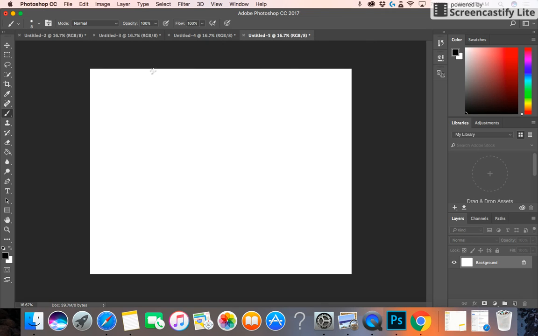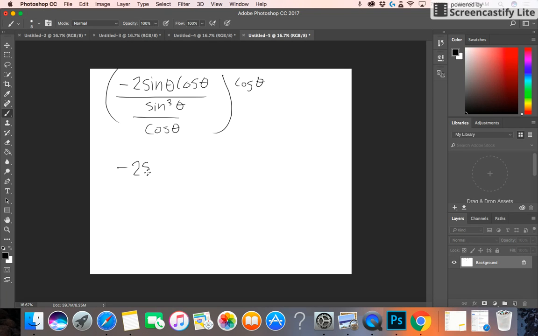So it's negative 2 sine cosine over sine cubed over cosine, and multiplying everything by cosine, you get negative 2 sine cosine squared all over, and then the cosines cancel out, so you are just left with that sine cubed.